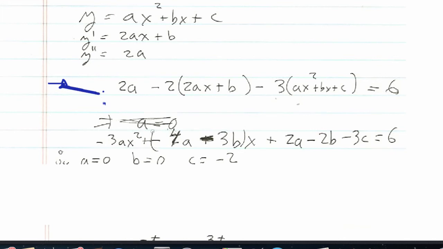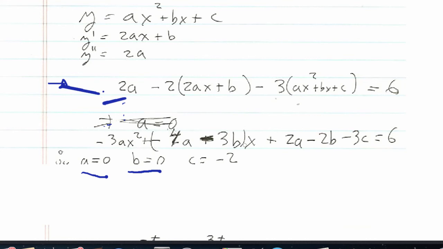This is a little messy, but the bottom line is it's easy to see that a has to be 0 because there is no quadratic term in the number 6. Similarly, because a is 0, b must be 0 because there is no linear term in the number 6.